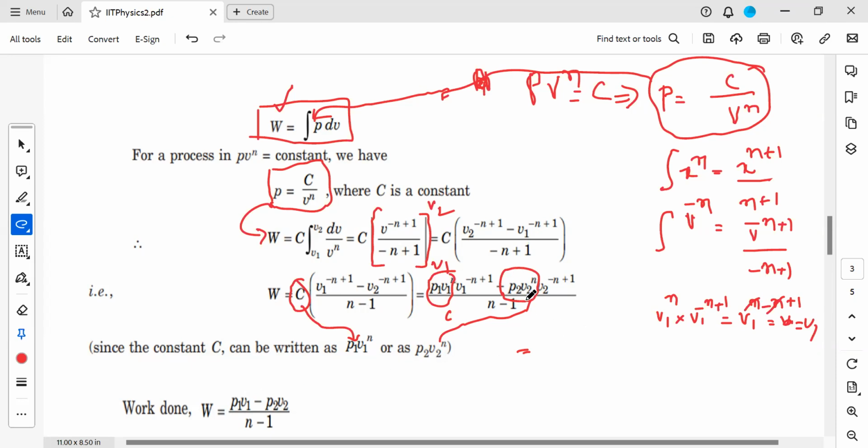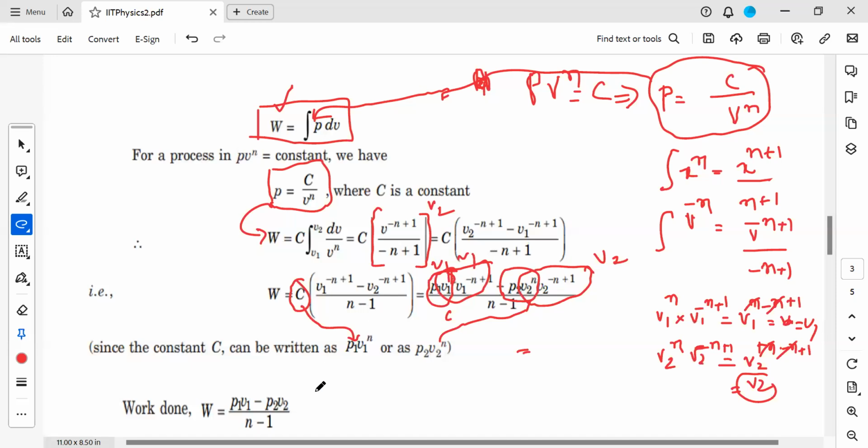Similarly, V2^n into V2^(-n+1) becomes V2 only, as the exponents cancel.